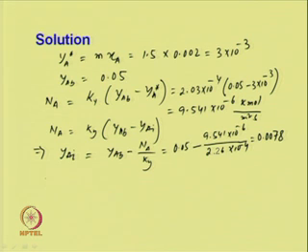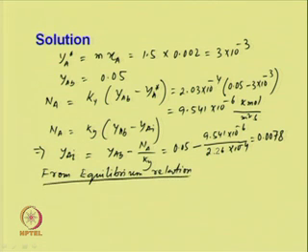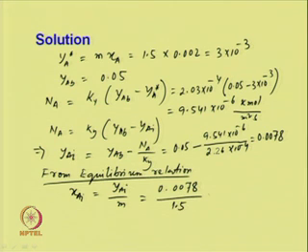And from the equilibrium relations, we know that x a I will be equal to y a I by m, which is equal to 0.0078 divided by 1.5, which is equal to 0.0052.